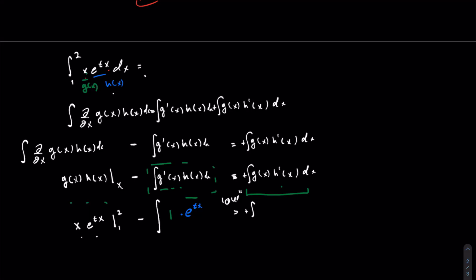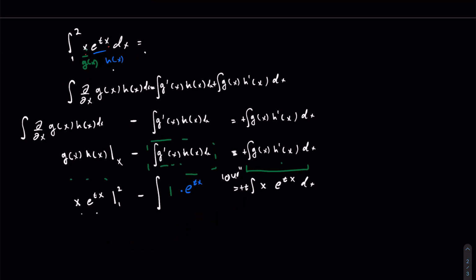And what we're left with here is g of x is x, and the derivative of h is e to the tx, and don't forget the t. So we will need to divide, to make this right hand side equal to exactly this side, we need to divide by t so that we move it to the left hand side.